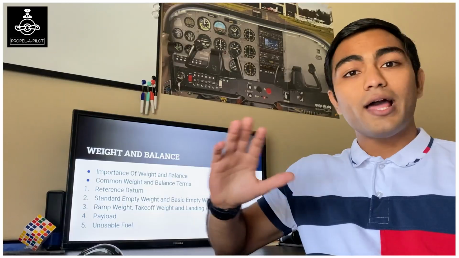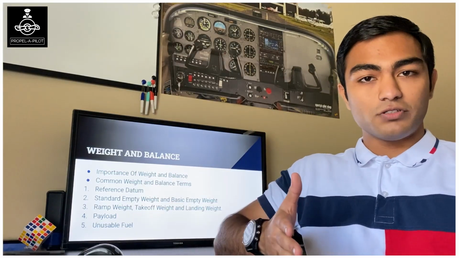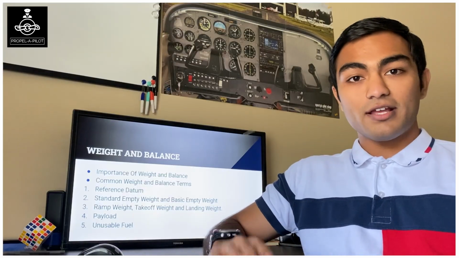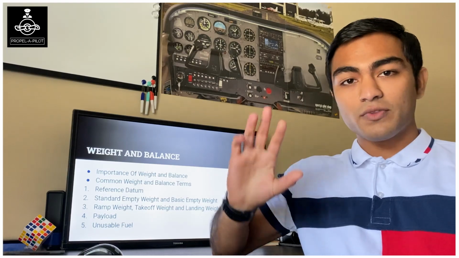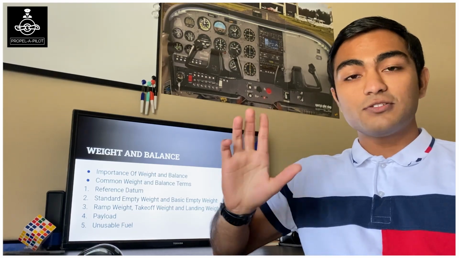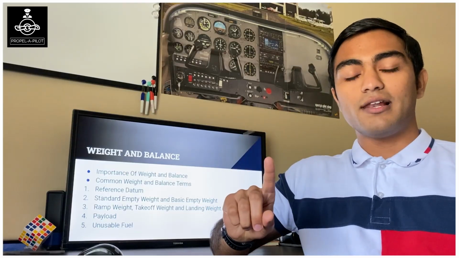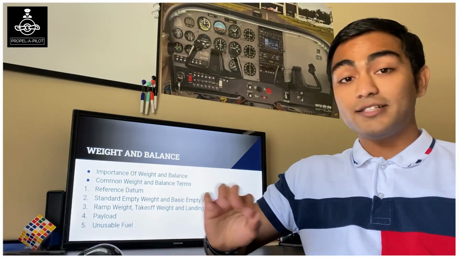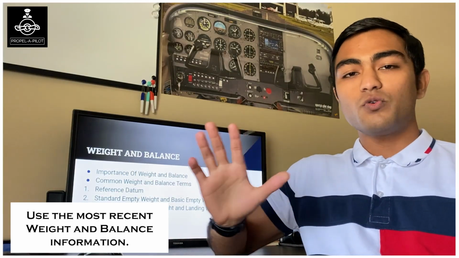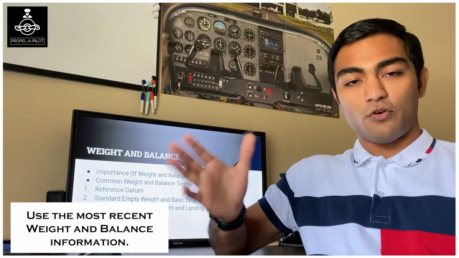It can be a small antenna or removing the landing gear and adding floats. Anything that changes weight and CG should be recorded by the mechanic in the maintenance log. As a pilot, you must make sure that you are using the most recent weight and balance information of the aircraft.